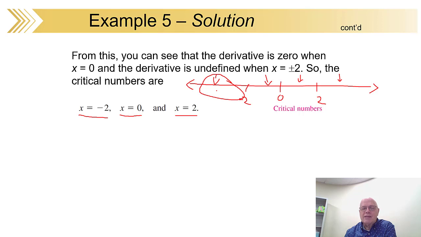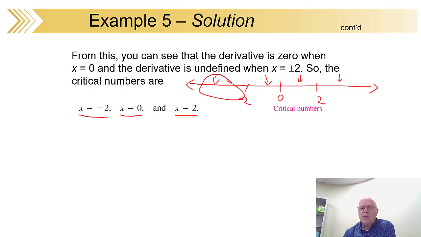Positive means increasing, negative means decreasing. Next, check out this interval. Pick any number in there you like. -1 would be an obvious choice here. Put it in the derivative till you get a positive or a negative answer. It won't be 0 because you already have that as a critical number. So it's just positive or negative.